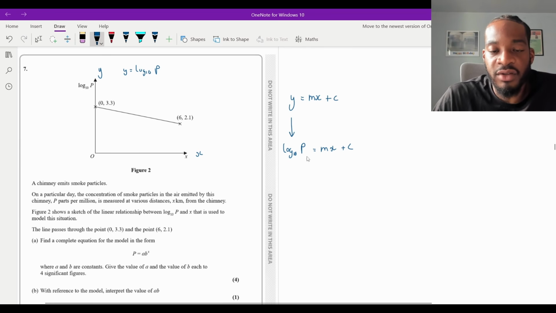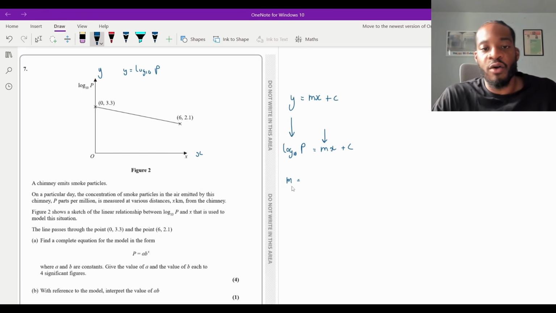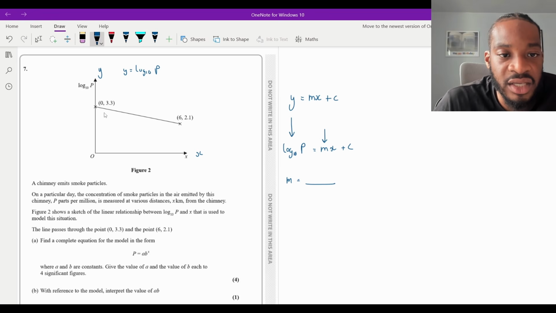So firstly, because I've got this formula, I want the gradient. How do I find the gradient? The gradient is just the difference in y over the difference in x. So I'll call this x1, y1, and I'll call this x2, y2. It's going to be y2 take y1, which is 2.1 minus 3.3, over 6 minus 0.